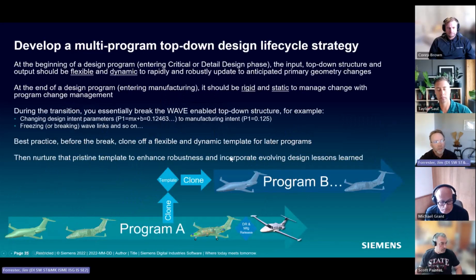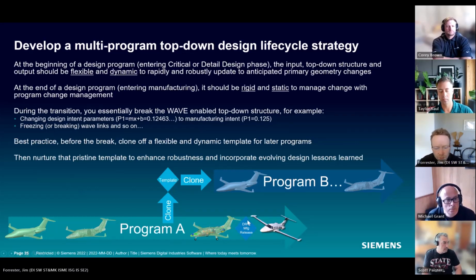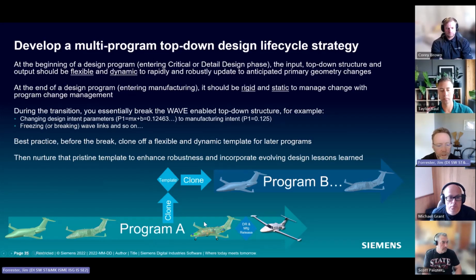In the long term, you can use Wave to develop a multi-program top-down design life cycle. Here is an example of program A, where we've gone through the primary geometry, the structure, the bottoms-up structure, and it's gone through design releases, and it's a plane. At some point in time, you're going to start changing those driver-driven relationships, those design rules, those equations, from equations to hard, fast rules.